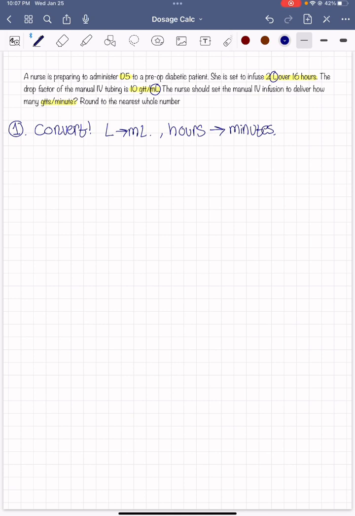So let's do our liters. Remember, 1 liter is 1,000 milliliters. So if I have 2 liters, I need to multiply that by 1,000 to get me milliliters. That's approximately 2,000 milliliters being infused over 16 hours.